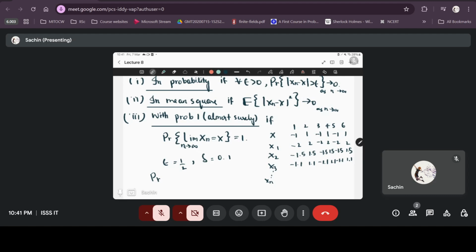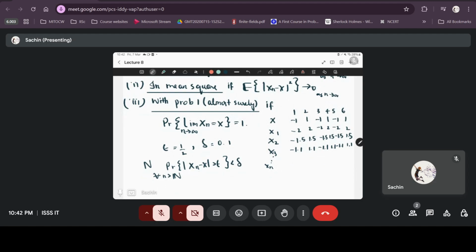Then you should be able to find some value of capital N such that probability of |Xn minus X| greater than epsilon is less than delta for all n greater than capital N.